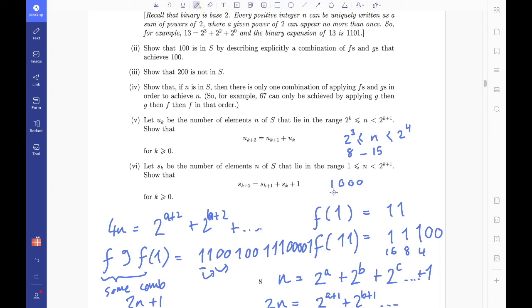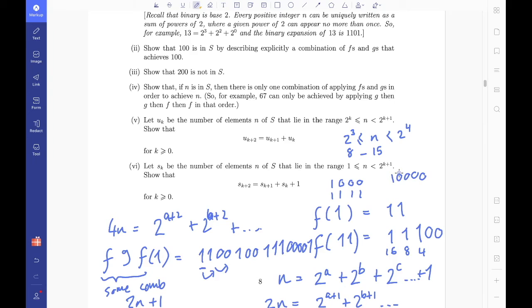So that's a 4-digit binary number. The number 15 I think should be written like this. Yeah, I think that works: 1 plus 2 is 3, plus 4 is 7, plus 8 is 15. And then the number 16 would be with 5 digits. So you're jumping into the next number of binary digits.